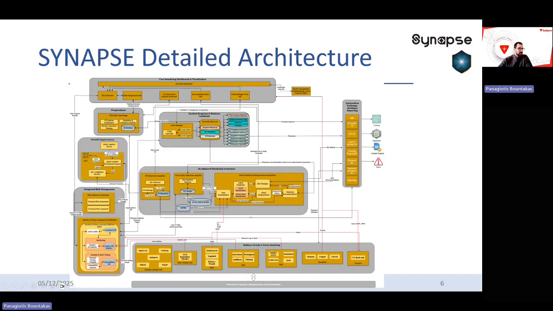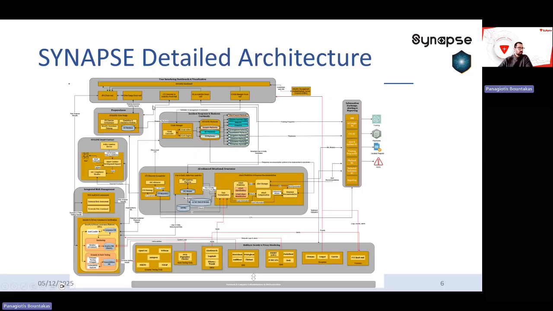This information is provided later to other Synapse components, mainly to the integrated risk management component to perform tailored security and privacy assessments, and to the AI enhanced situational awareness to build the baseline activity for the user and entity behavioral analytics and assist the attack prediction and response recommendation mechanism to perform an early detection of attacks and also identify the attack stage.